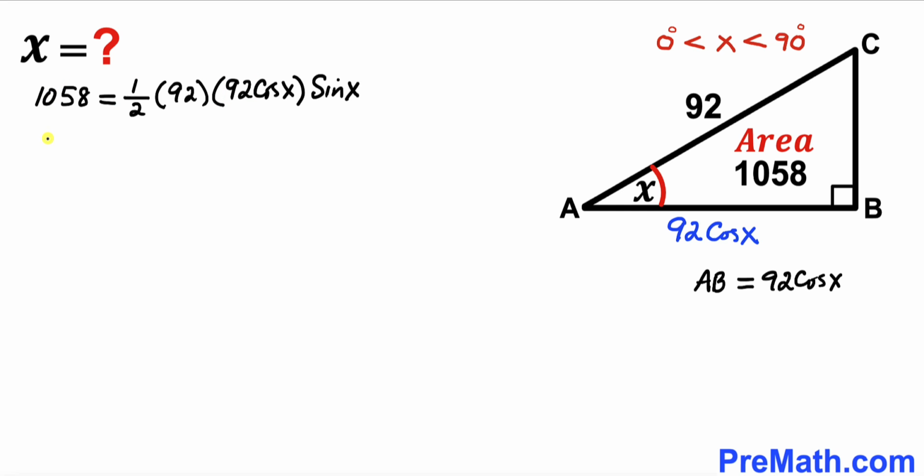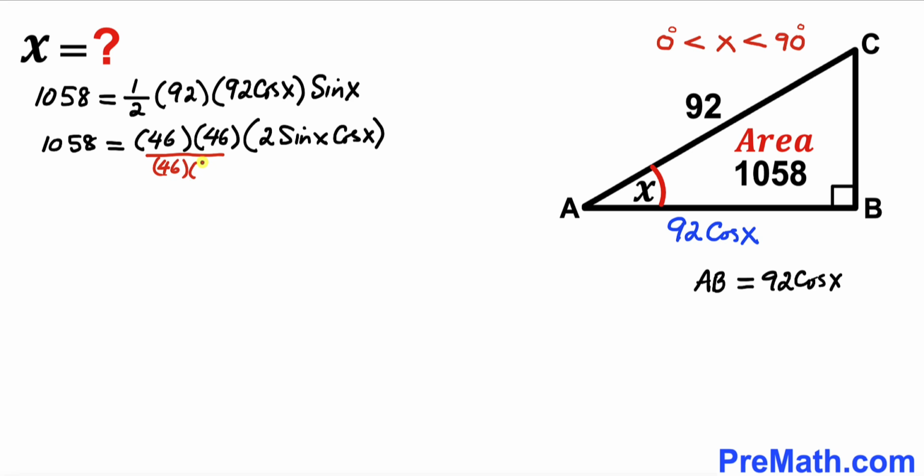So this equation could be written as 1058 equals 46 times 46 times 2 times sine of angle X times cosine of angle X. Now let me divide both sides by 46 times 46, and we can see they cancel each other out.